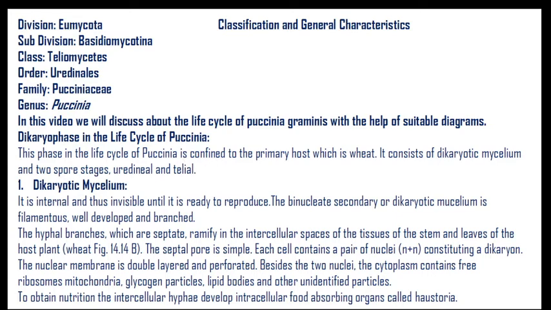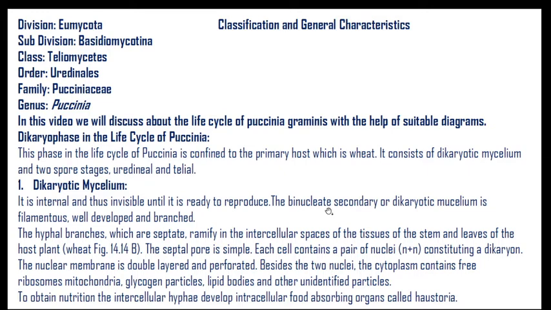It consists of dikaryotic mycelium and two spore stages, that is uredial and telial. So here are many different types of mycelium, which is a dikaryotic mycelium. It is internal and thus invisible until it is ready to reproduce.